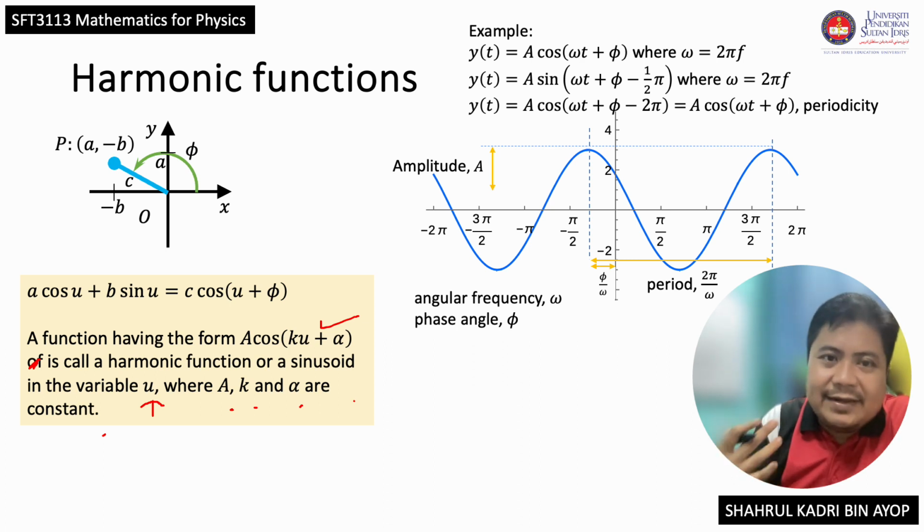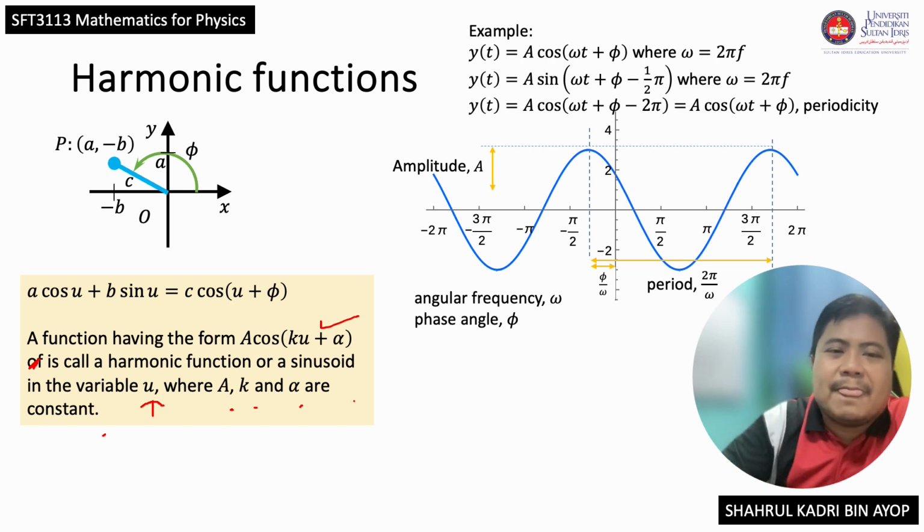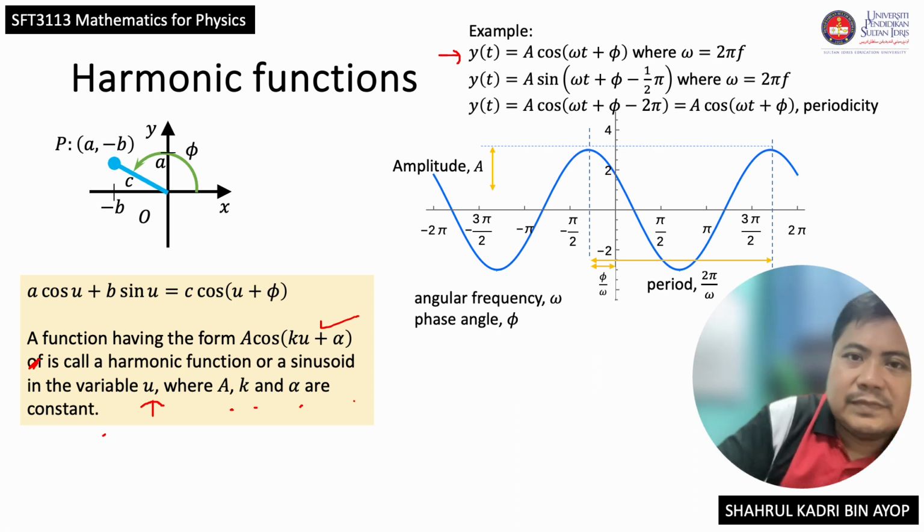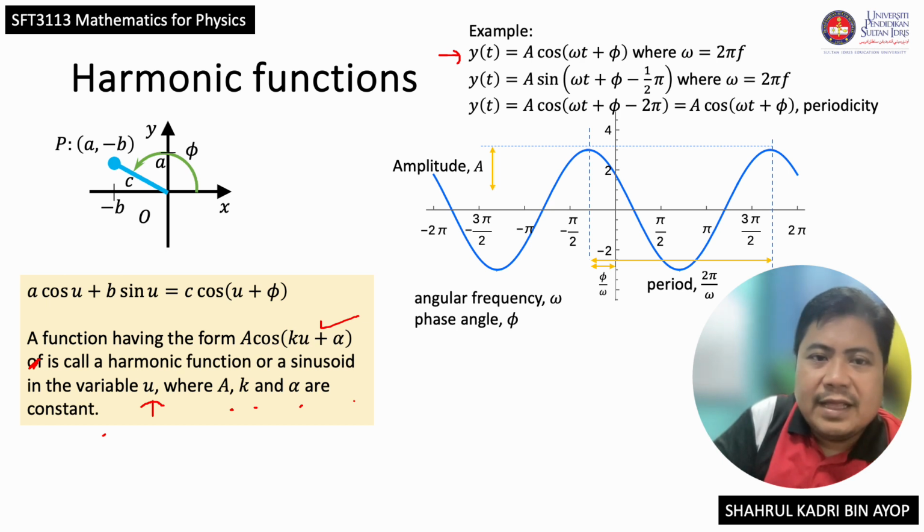So what is the characteristic of a harmonic function? For example, you are given a harmonic function y as a function of time equal to a cos(omega t plus psi), where omega equals 2 pi. If you shift it by negative half pi, for example, because this is cos, you can change it to sine.